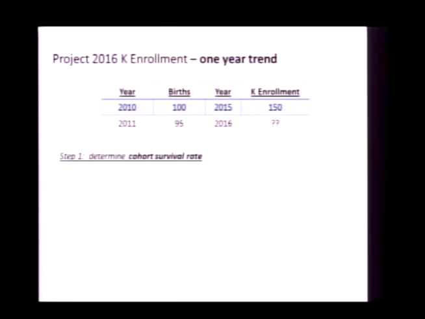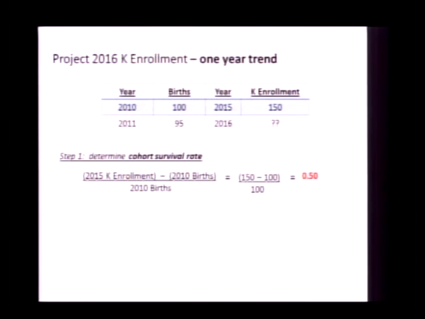So the methodology: the goal here is to project the enrollment for the 2016 kindergartners, and the first thing we need to do is the cohort survival rate. In doing that, we take a look at our current enrollment, the 2015 kindergarten enrollment. We subtract out the 2010 births, that cohort that was born in 2010, and we divide that by the 2010 births.